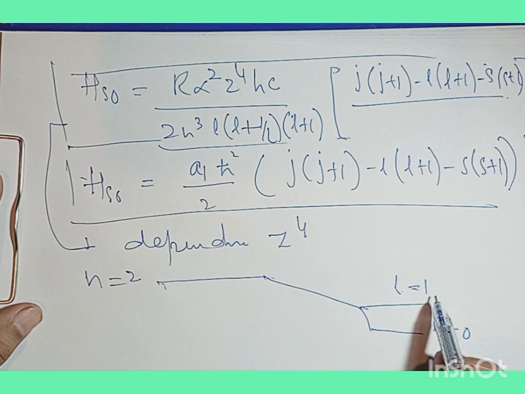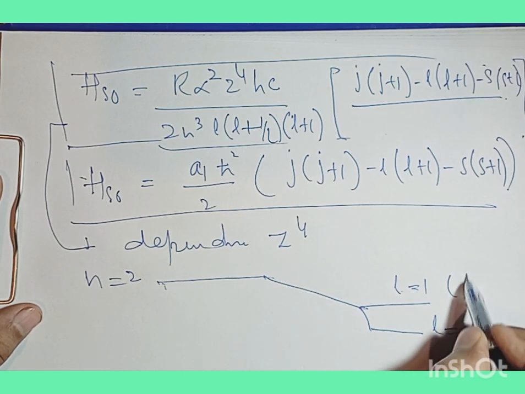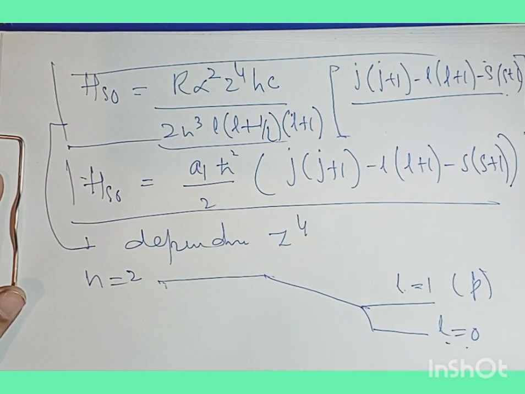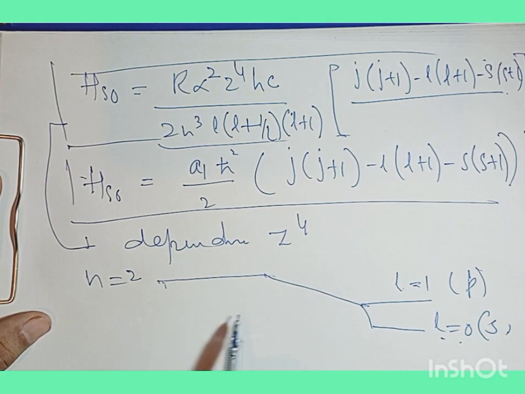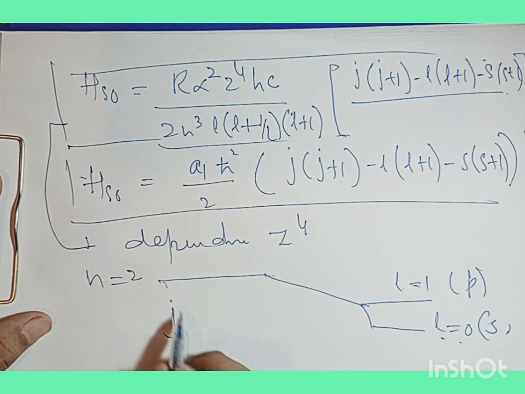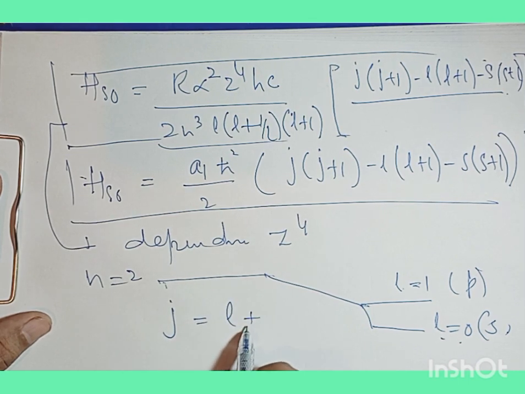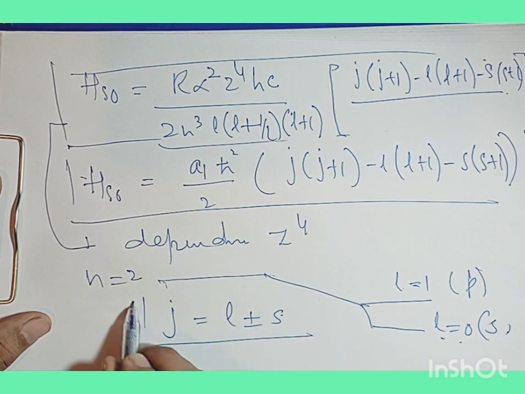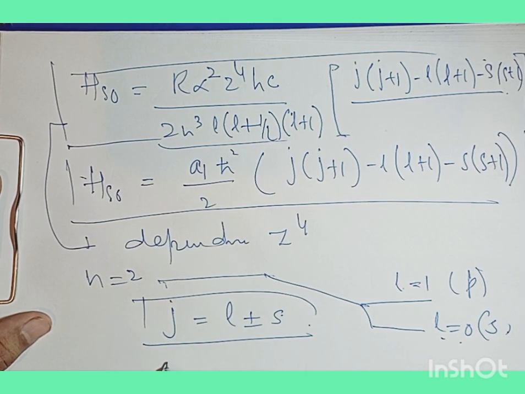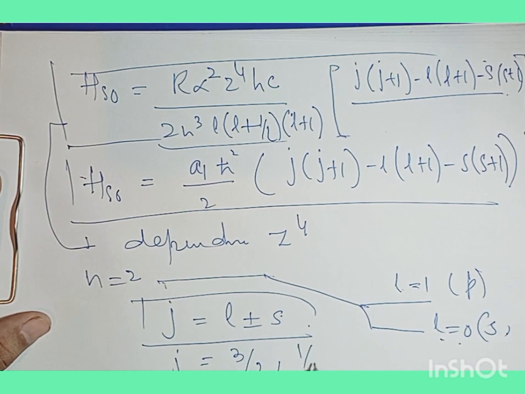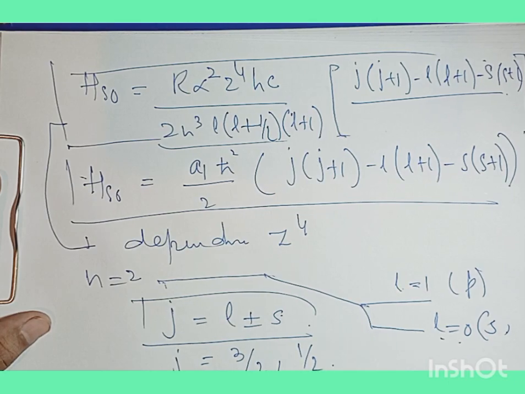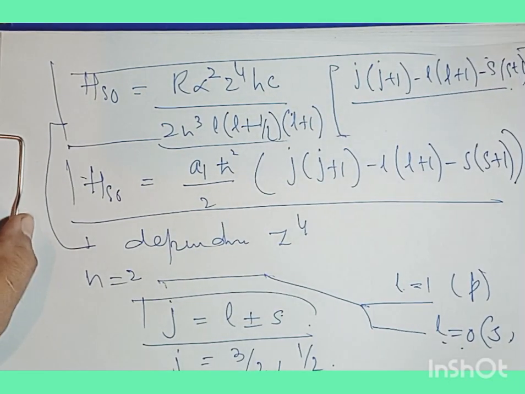For L is equal to 1, I will have the P. For L is equal to 0, I will have S. All right. Now let's go with the J. Now what is J? J can be L plus minus S. So J can be 3 by 2, and if we subtract, it can be 1 by 2. So what it means now is that there is splitting.